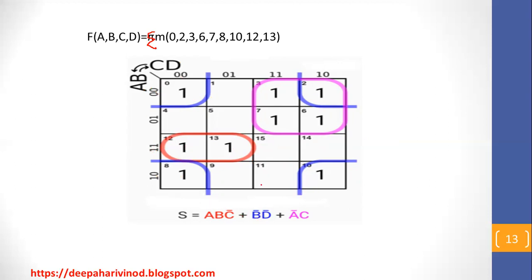That is B bar is common, and column wise D bar. So plus B bar D bar. Next for these 4 ones, what is common? A bar is common, and column wise C is common. So this will be the minimized equation for the given function.